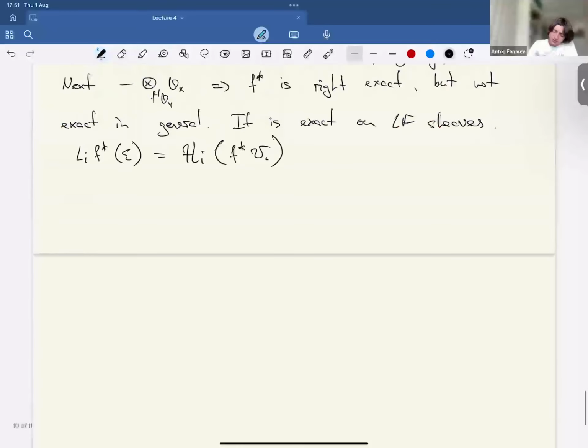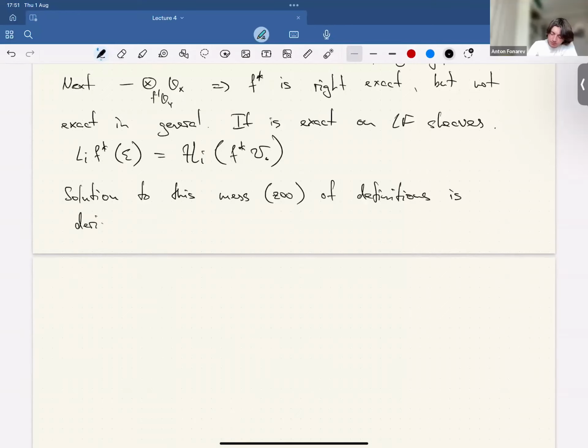So the solution to this whole mess or zoo of definitions is derived categories.